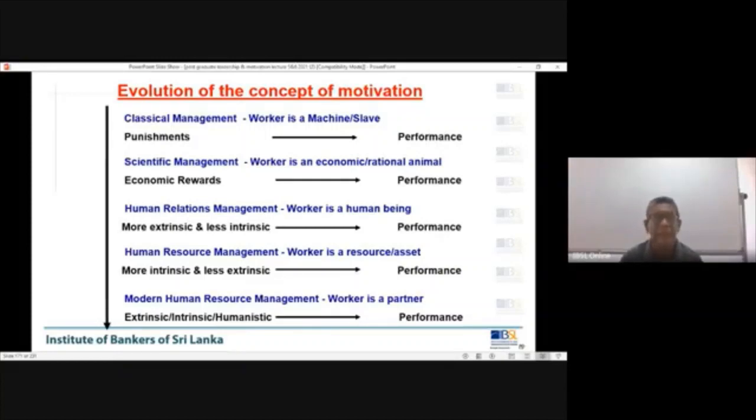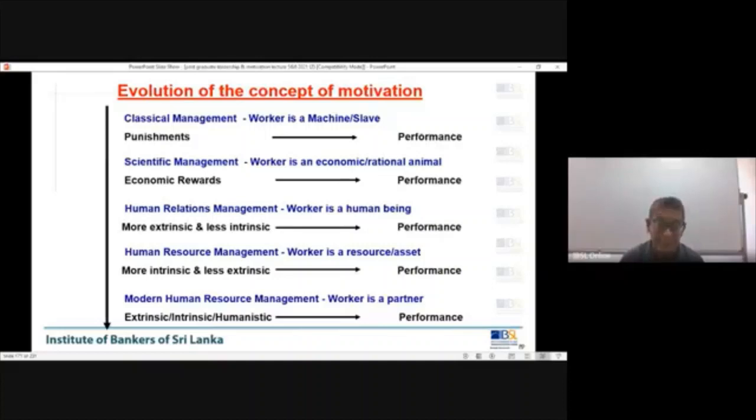Later, after identifying the worker as a human being, people began to discuss the worker as a resource, an asset. Then human relations and human resource management concentrated more on intrinsic factors.